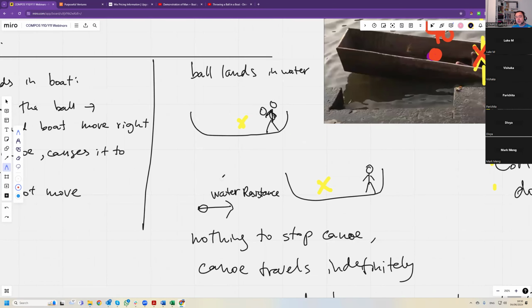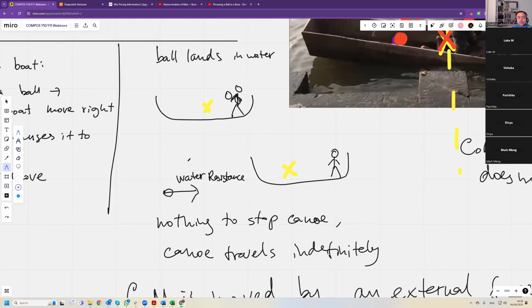But when the ball hits the water, there's a resistance from the water. The water slows down the ball, causes it to stop. And that water resistance force is an external force pushing to the right. It's slowing the ball down.